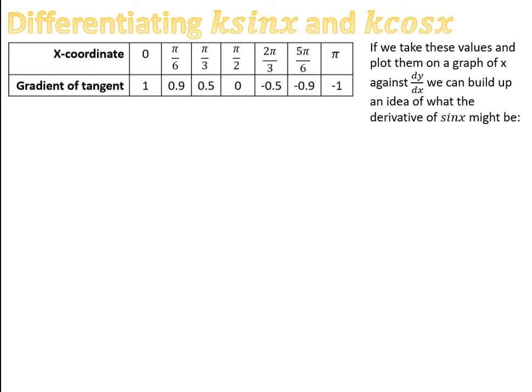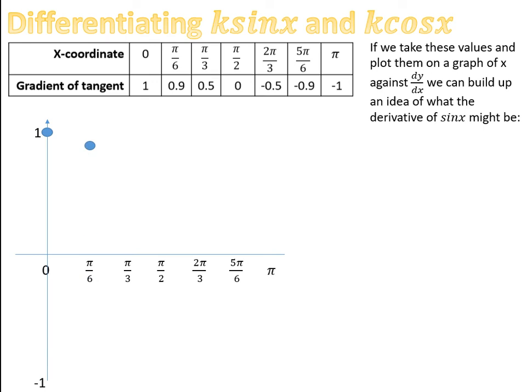Now we're going to do x against dy by dx so that we can find the value of dy by dx. So if we plot these on a graph, when x is 0, dy by dx is 1, and then we've got 0.9 at 30 degrees, 0.5 at 60 degrees, 0 at 90 degrees, minus 0.5 at 120 degrees, minus 0.9 at 150 degrees, and at pi, we've got minus 1.